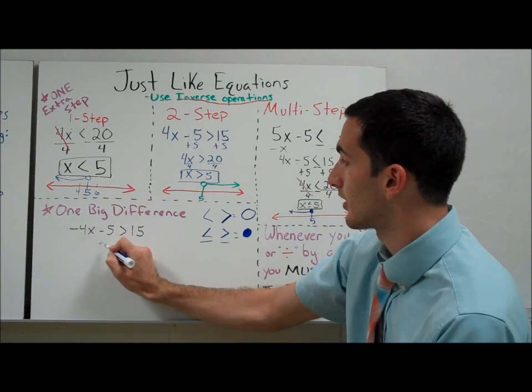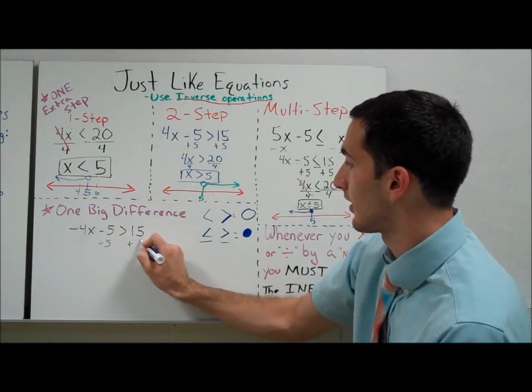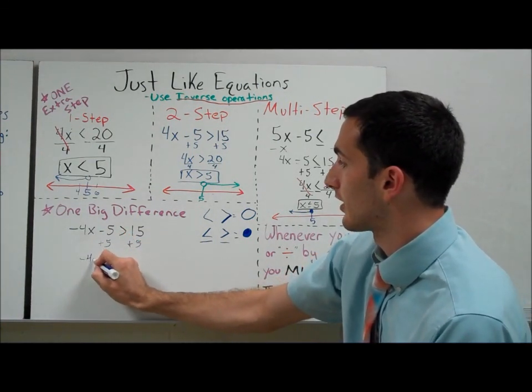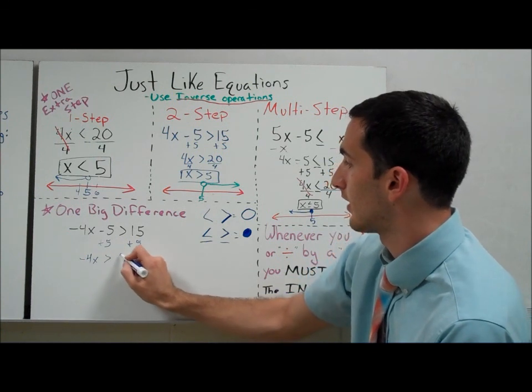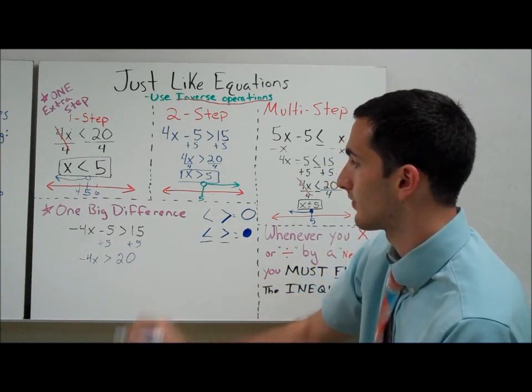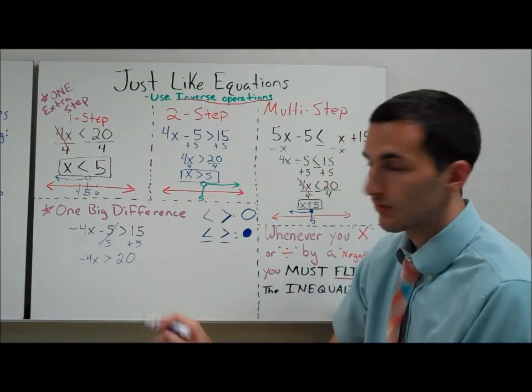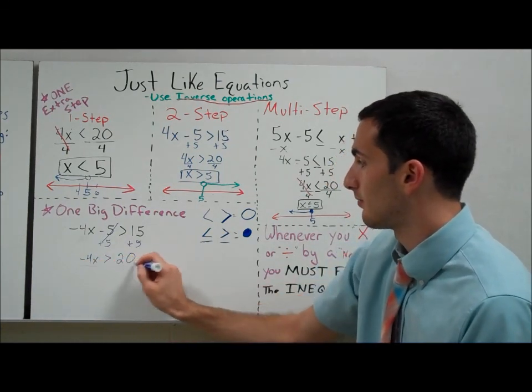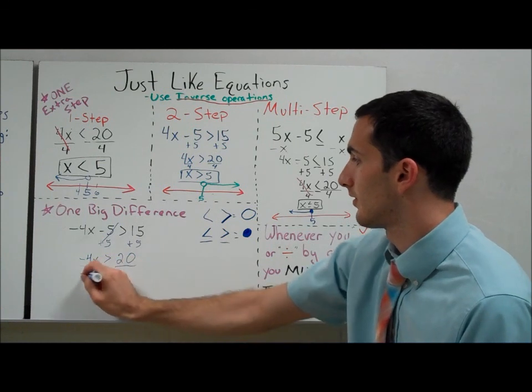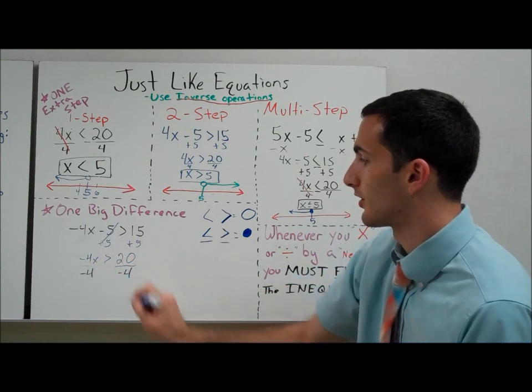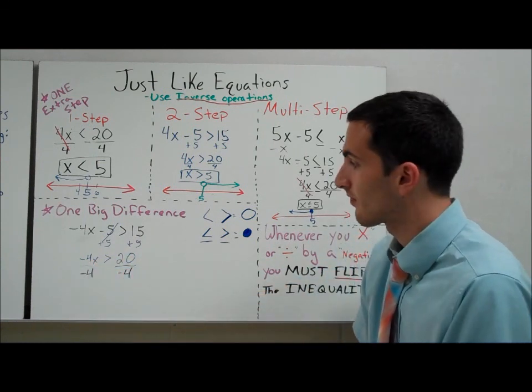So we're going to get rid of our constant first. We're going to add 5 to each side. We'll bring down the negative 4x. That's greater than 20, since 15 plus 5 is 20. These cancel. Now we have negative 4x is greater than 20. We're going to divide by negative 4 on each side, because we want to get rid of our coefficient next.